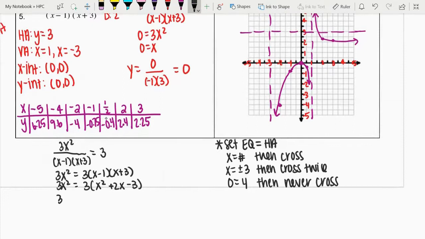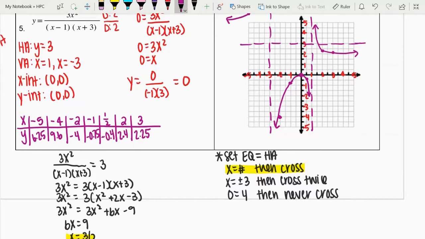We can keep solving. 3x squared is equal to 3x squared plus 6x minus 9. Okay, so then I'm going to have 6x is equal to positive 9. So x is equal to 3 over 2. So we did get this first option right here, x equals some number. So then it will be crossing. So at 3/2, that's where I'm going to be crossing my asymptote, which is right about here.